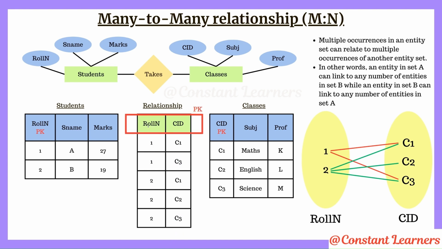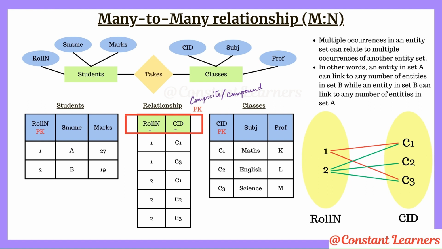We are going to take both of these attributes together to make the primary key. So our primary key will be roll number, class ID. This is known as a composite or compound primary key. What is the meaning of composite or compound primary key? Whenever two or more attributes are combined together to form a primary key, we call it a composite or compound primary key, because it is not necessary that only a single attribute acts as a primary key.